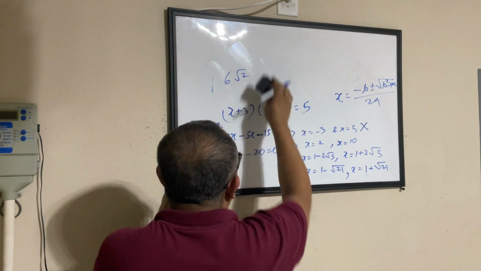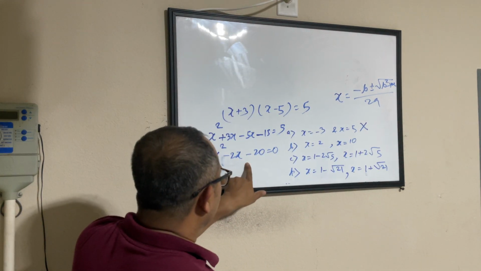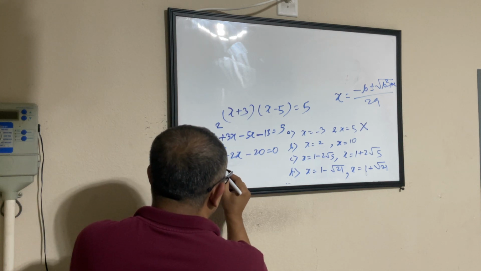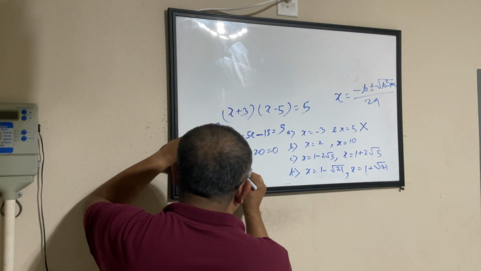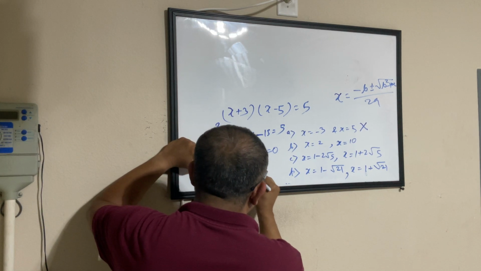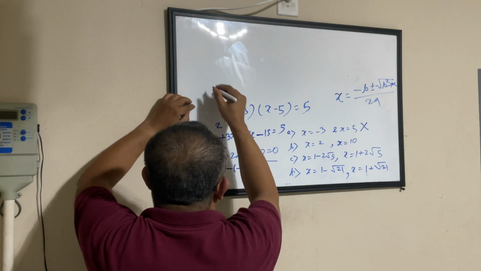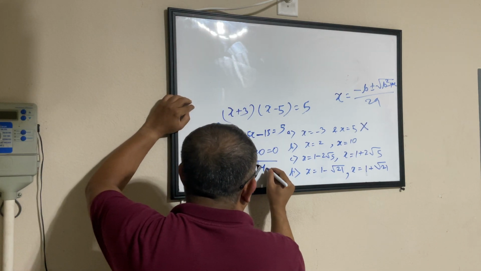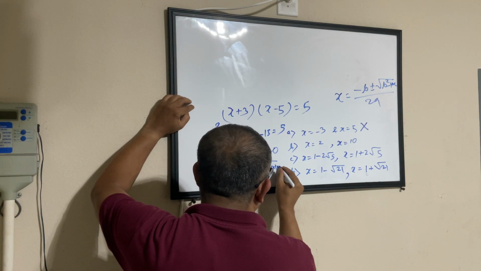Let's solve this. So if I have this x square minus 2x minus 20, my two answers here would be x equal to minus b plus minus square root of b square minus 4ac, 4 into 1 into 20.